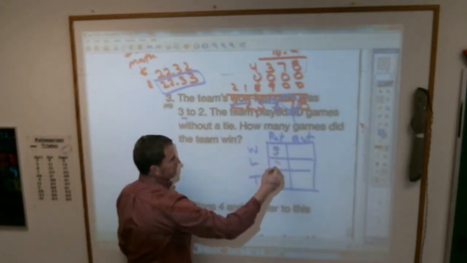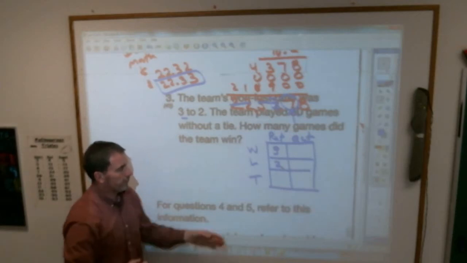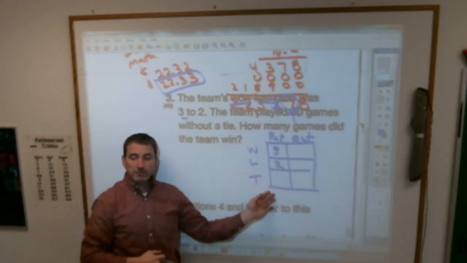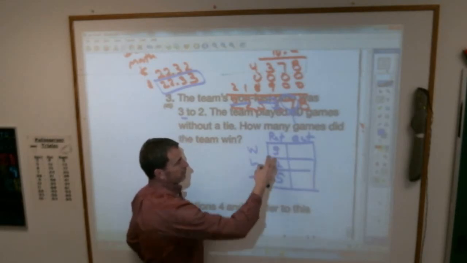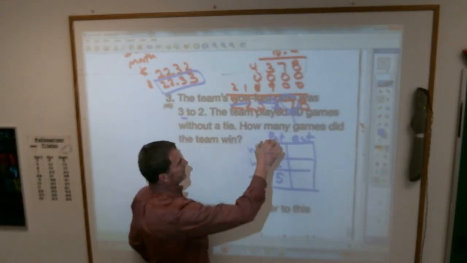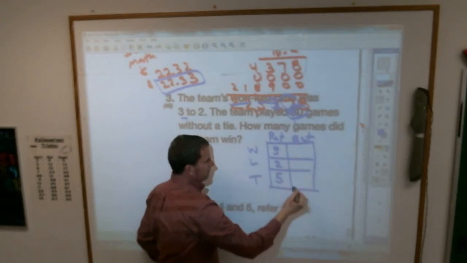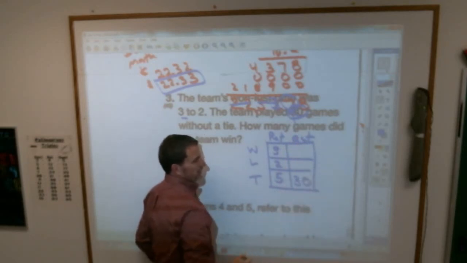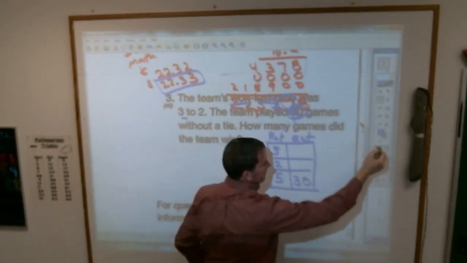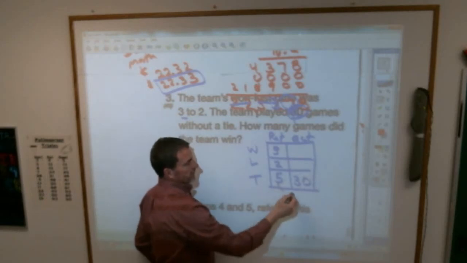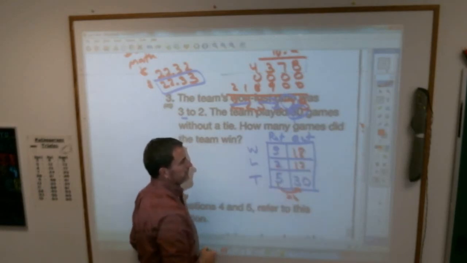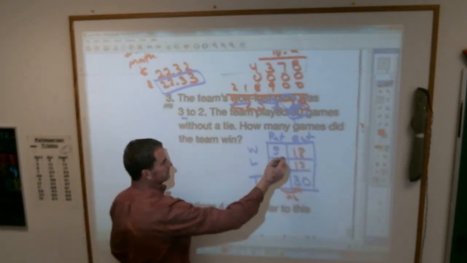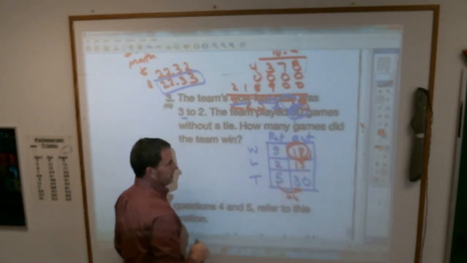So 3 to 2. If you won 3 and lost 2, that's how many total games? 5. That's your proportion totals. Now, actually, it looks like you played 30 games there. So that goes there, and then this is pretty simple. 5 times what is 30? 6. So you multiply all these by 6. That's 12. That's 18. How many games did they win? 18. It's a lot of games.